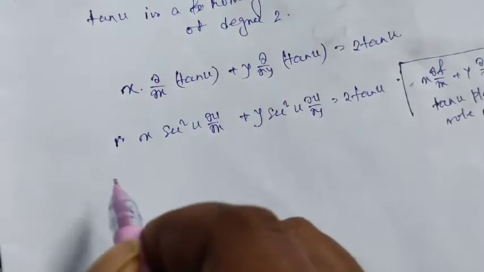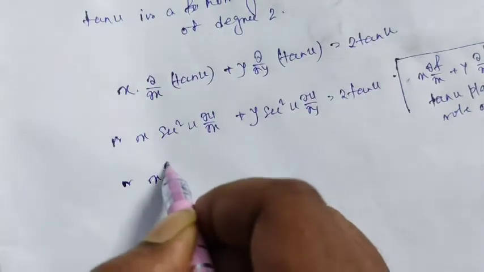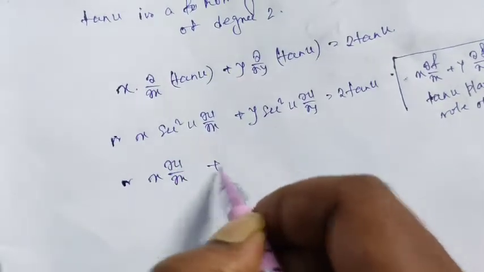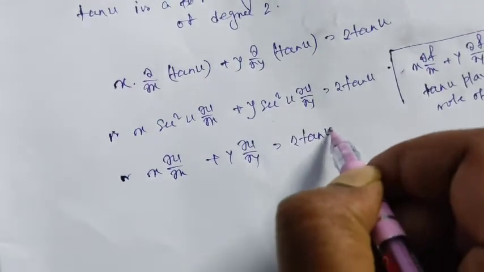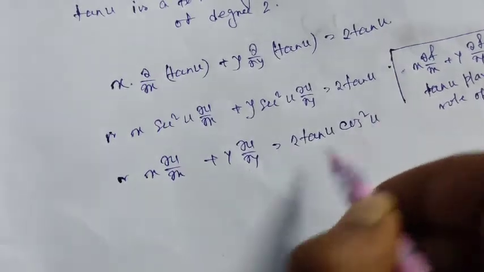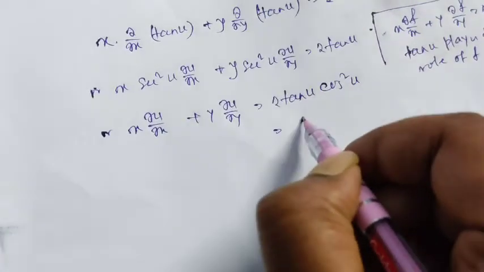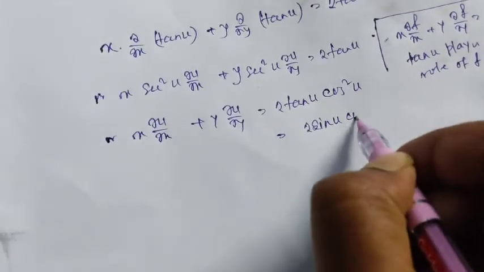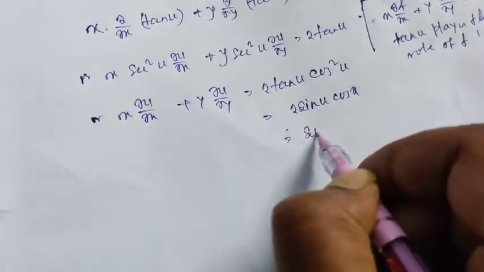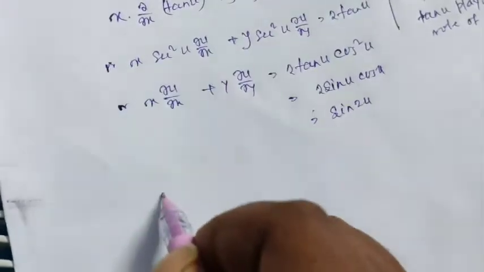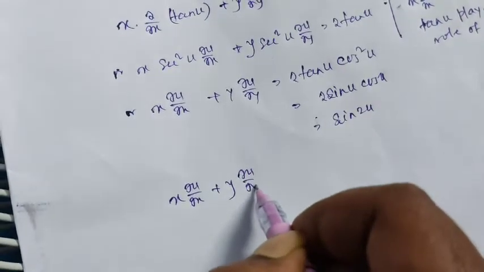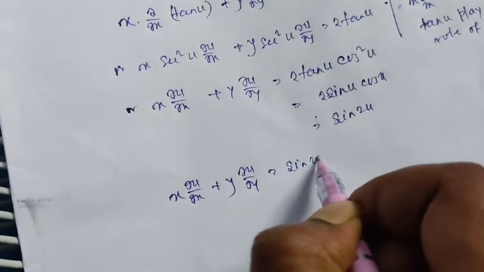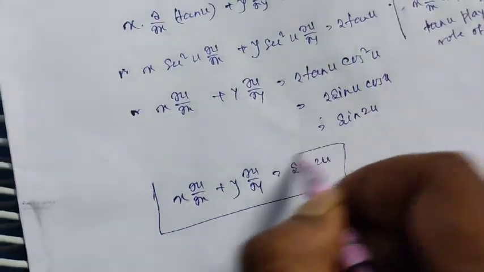Now multiplying both sides by cos square u, we can write x del u del x plus y del u del y is equal to 2 tan u cos square u. If we simplify, we get 2 sin u cos u, and from here we can write sin 2u. So we can conclude that x del u del x plus y del u del y is equal to sin 2u. I hope you understand this topic.